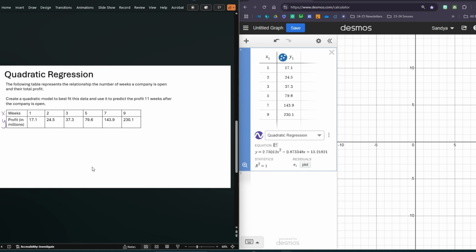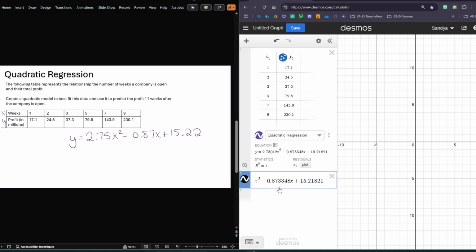Now it gives me my quadratic equation. Once again, I'm going to round to the hundredths place. So I have 2.75x squared minus 0.87x plus 15.22. Then I'm going to export this equation and go to the front, because this has a lot of really long decimals in it, and then I'm going to do f of x.